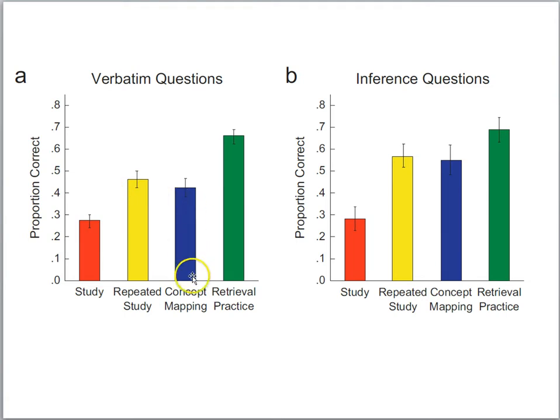You'll recall, though, that this is the condition where they study once and then just do a concept map. This is repeated study, so we see similar performance. But notice who wins the competition? Retrieval practice outperforms even concept mapping or repeated study. And that is true not only for questions that were getting at information directly in the text, but also questions that required students to do some reasoning about the information that they read.